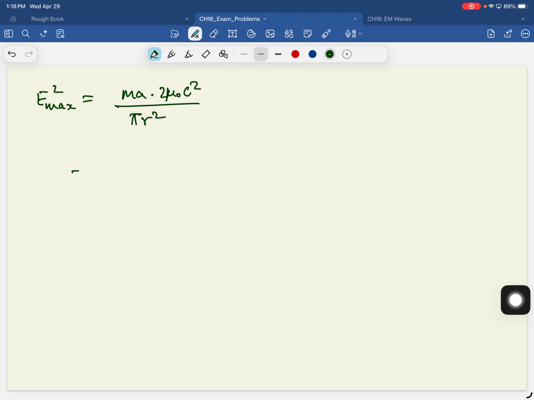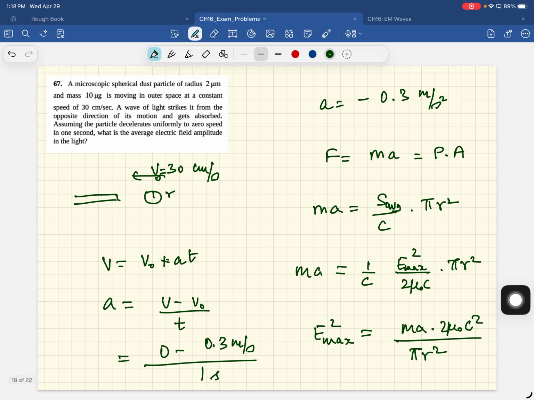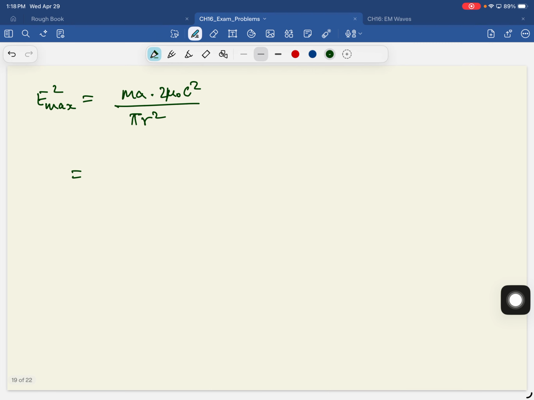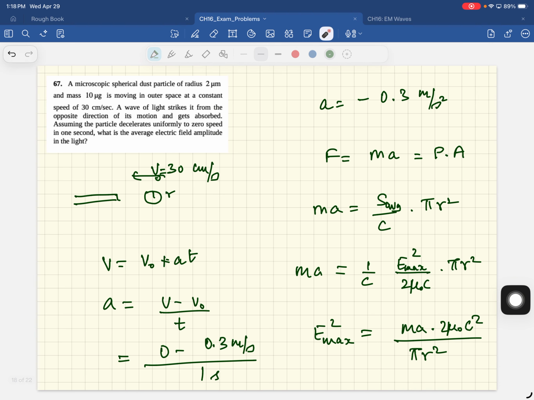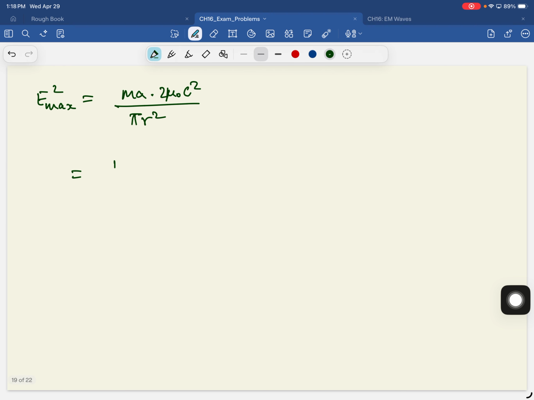All right, so the mass of the particle is 10 micrograms. Micro is 10 to the minus 6, and a gram is 10 to the minus 3 kgs. So that's 10 to the minus 9, 10 times 10 to the minus 9 kgs. So the mass is 10 times 10 to the minus 9 kgs.